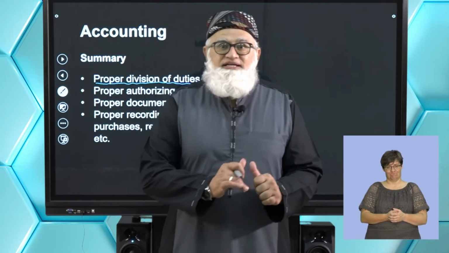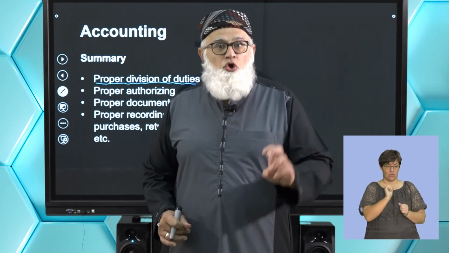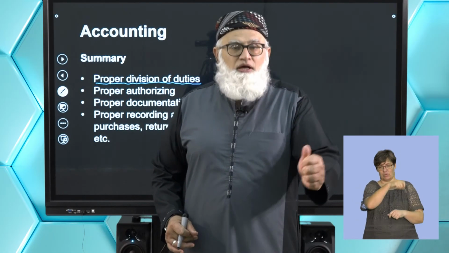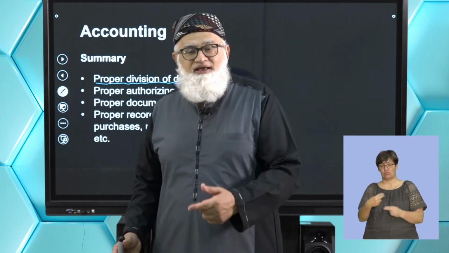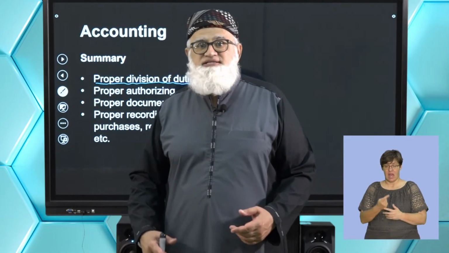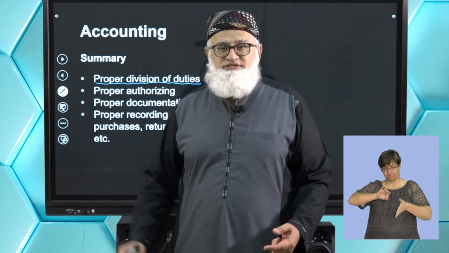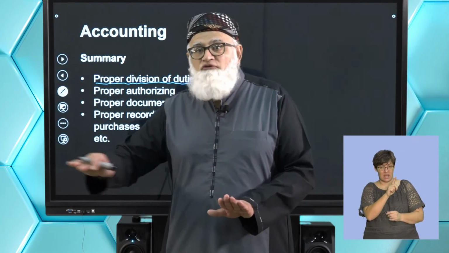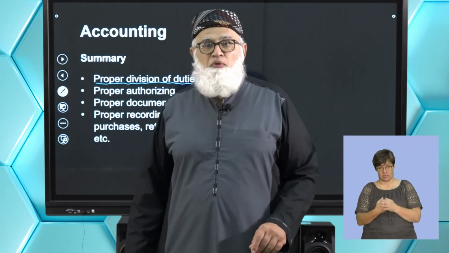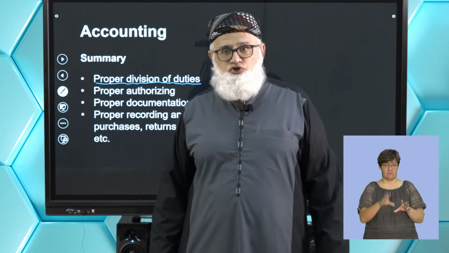Therefore, you have division of duties. One person checking, one person in charge of procurement, the other person receiving, and the supervisor acknowledging and entering into stock. So in that way, you also have division of duties. A very, very important aspect of internal control.